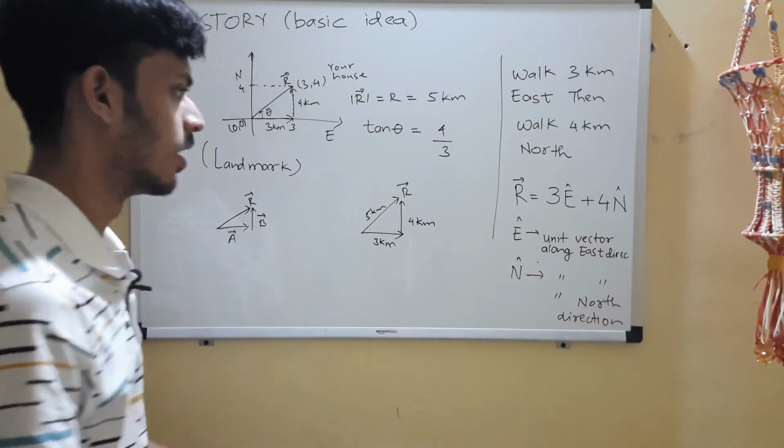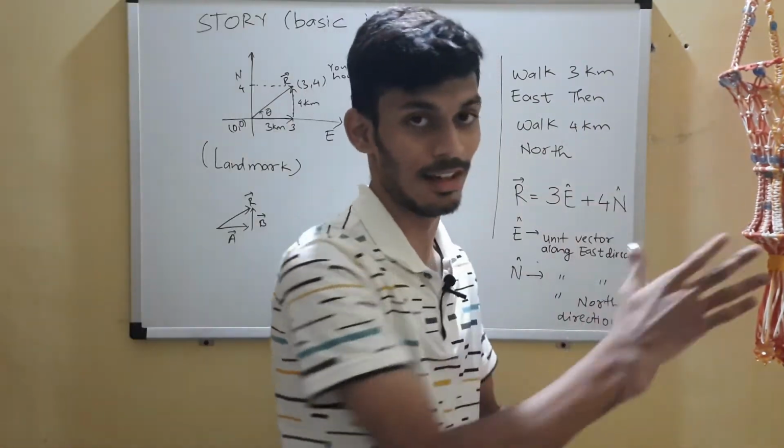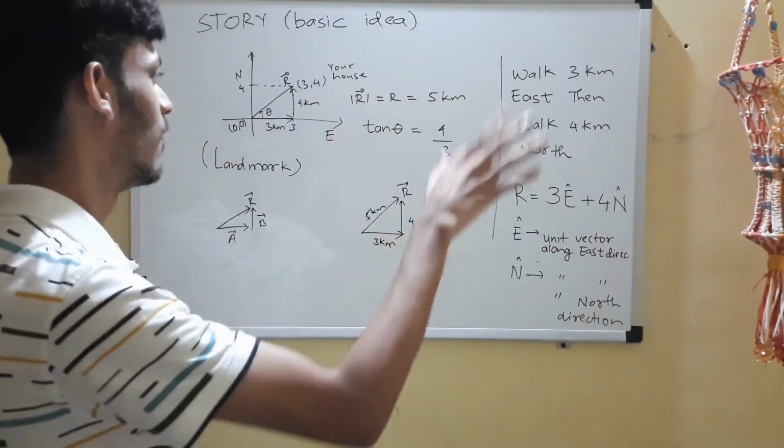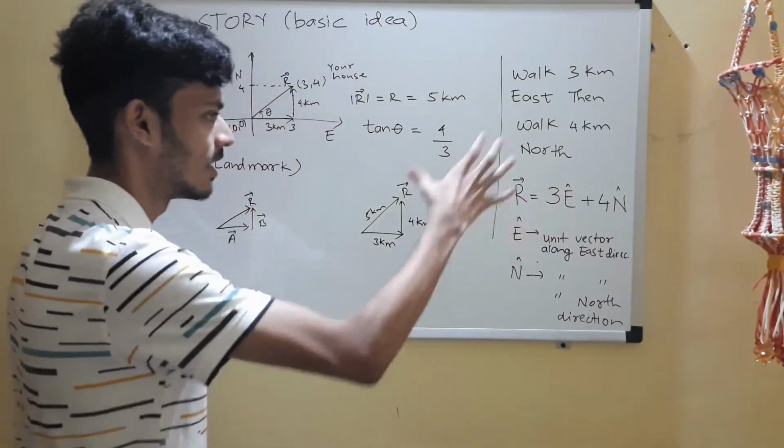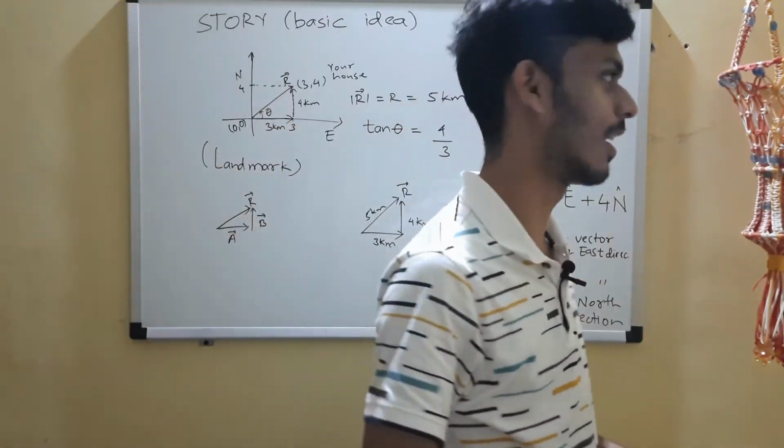So this is the idea of resolution, right? We can break that vector into two parts now. This is a way of simplifying the vector.